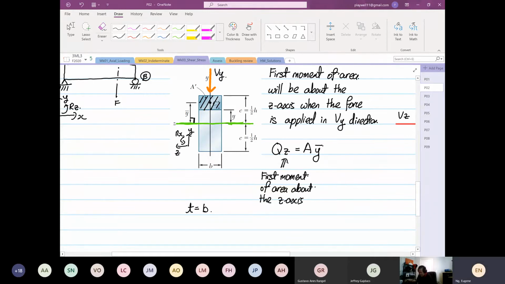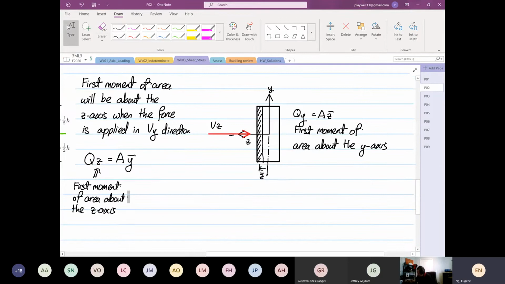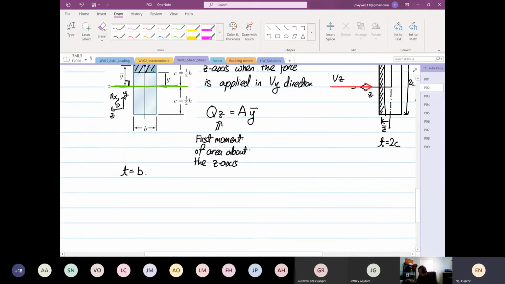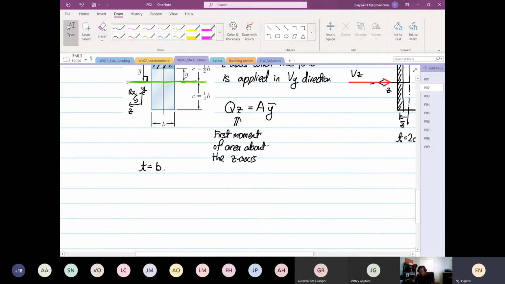In the other case that I've drawn, the thickness is equal to 2c, because from here to here, this dimension is equal to 2c. So what you can see down here is how we are going to relate the thickness.